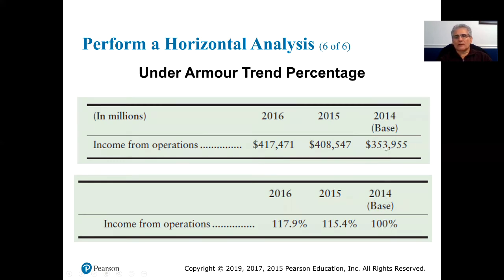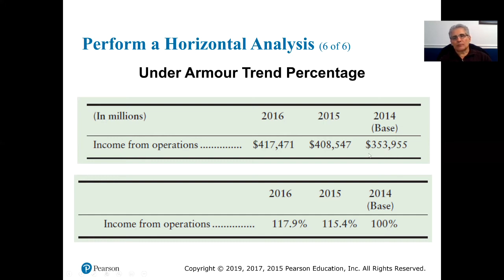This dollar amount is the base, because if we look at this and compute the percentage, 353,955,000 divided by 353,955,000 is 1. And 1 as a percentage is 100%.